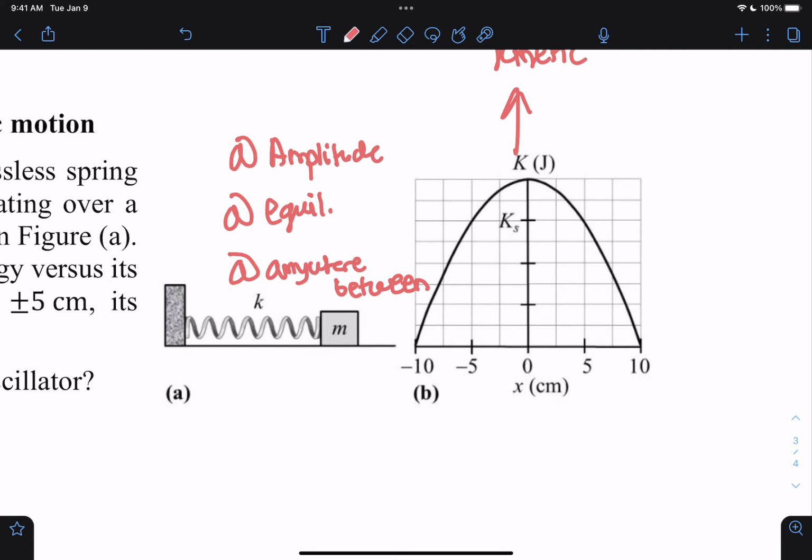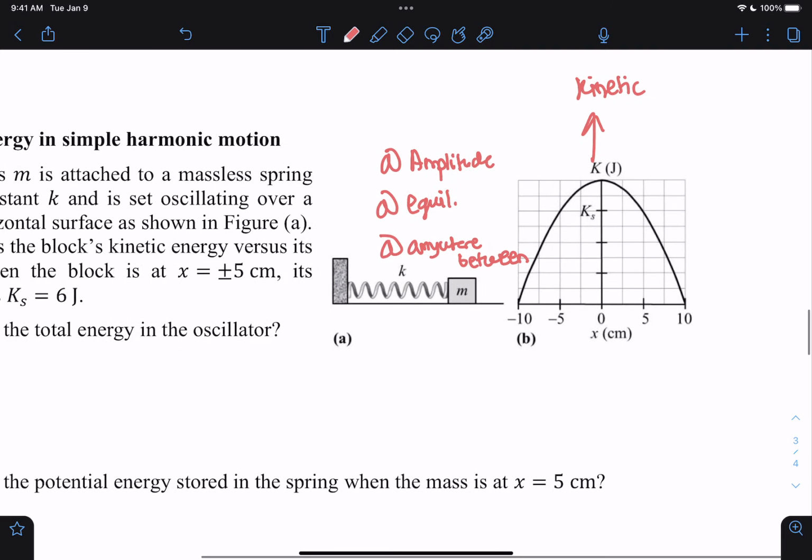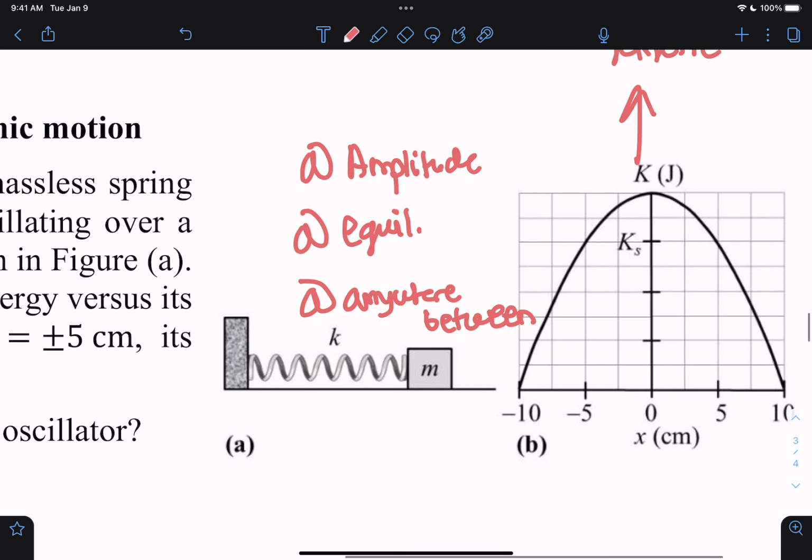So Carlos, what would be at 0? At equilibrium, what is at 0? Is the kinetic energy at 0? Is the potential at 0? What's going on? Yep.